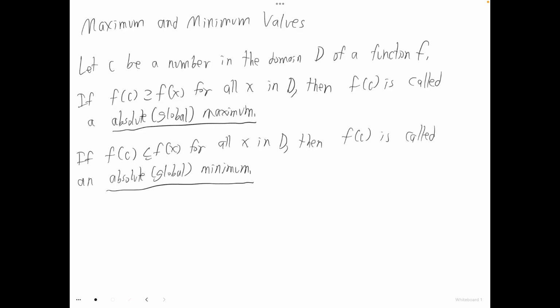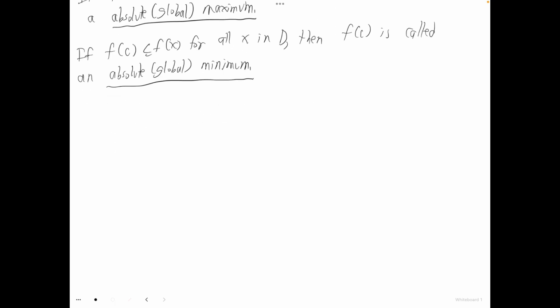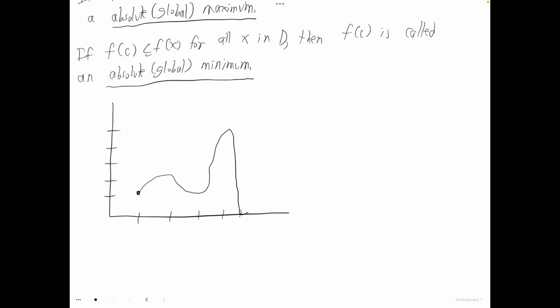Now, all we're really saying here is an absolute maximum is the very largest point on a graph, and an absolute minimum is the very smallest point on a graph. So that's all we're really saying here. And so if we look at the following graph, say we have this graph.